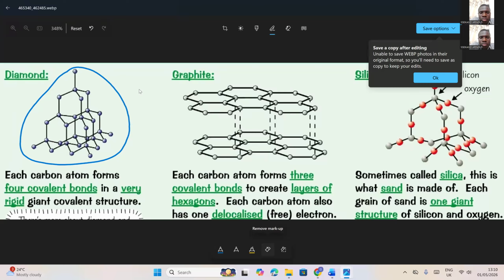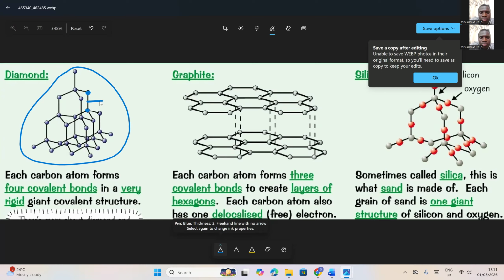So within the giant covalent structure, you have atoms joined together by covalent bonds. Kindly don't forget this. Giant ionic structure, you have ions joined together by ionic bonds.